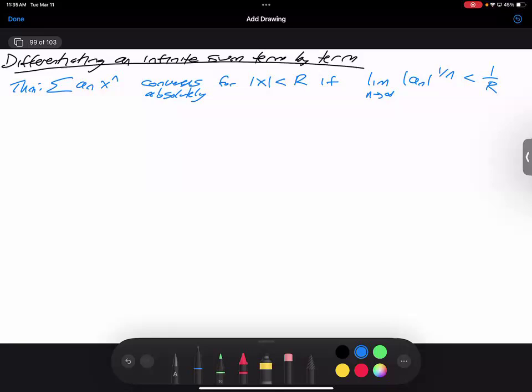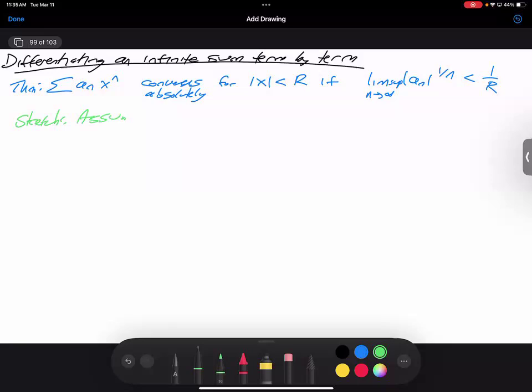If the nth root of the absolute value of a_n, and technically I can't write lim, what do I have to write? I have to technically write lim sup. If the lim sup of the a_n's. And let me just sketch the proof.